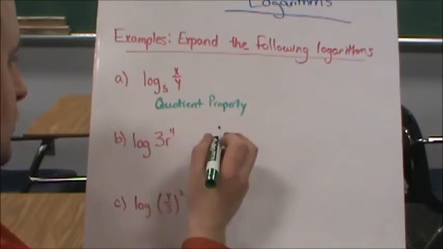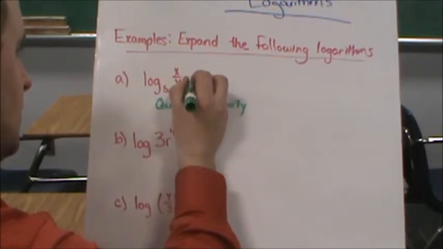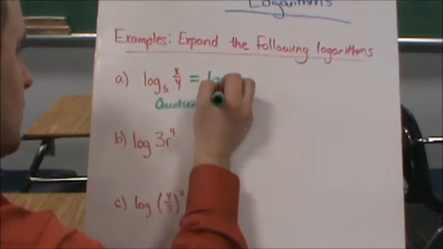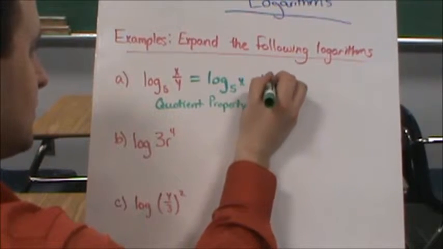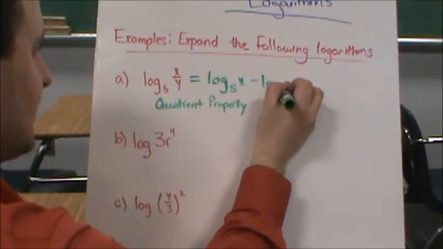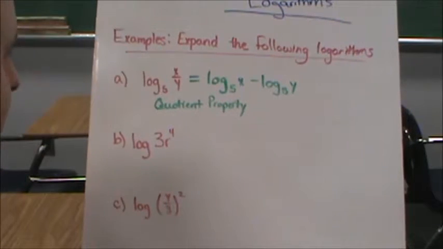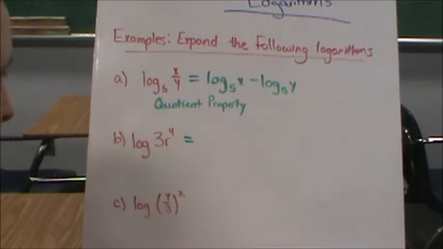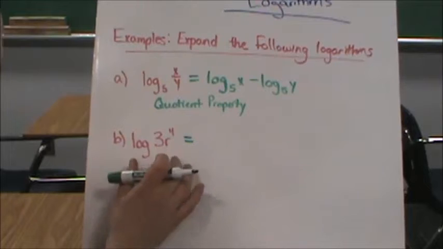And if you remember what the quotient property is, you take log base 5 of x divided by y and just make it log base 5 of x minus log base 5 of y. And that's all you have to do for example A, because it's just using one property, the quotient property.